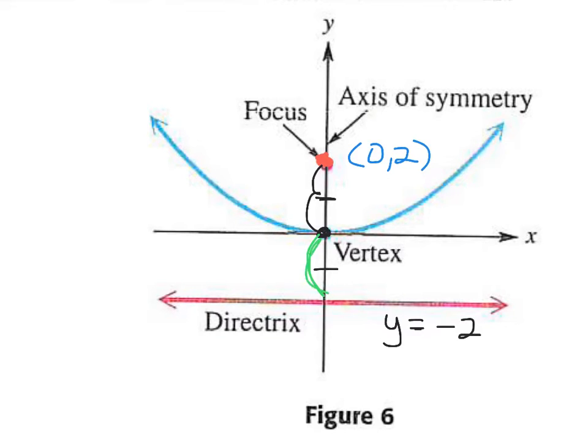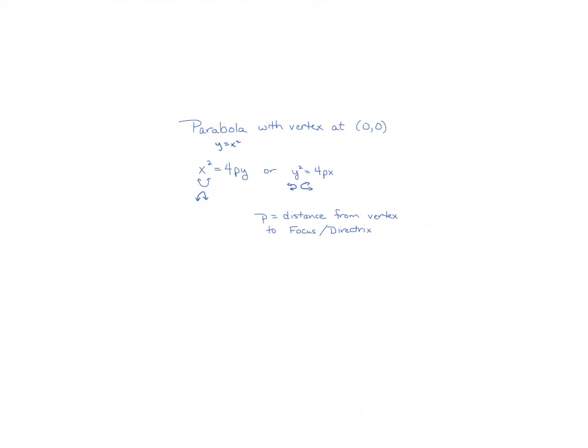Notice both are 2 spaces away from the vertex. And that would have been my p-value. So the p-value is going to be the distance that the focus point is away from the vertex and that the directrix line is away from the vertex. And we're going to see how to calculate these coming.